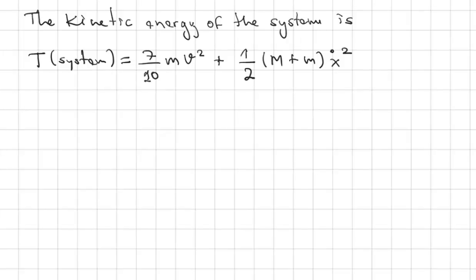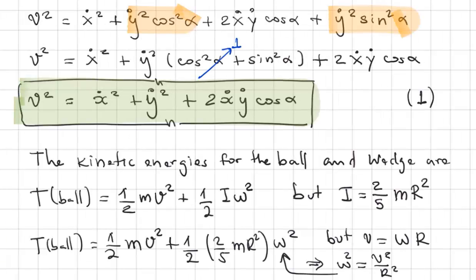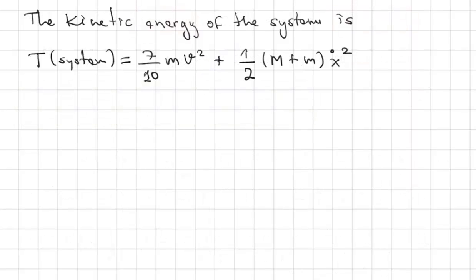We remember that according to equation 1, the velocity of the ball is given by this expression. We replace this velocity squared into the last formula we wrote, and we get the following equation. Kinetic energy of the system is equal to 7/10 times mass of the ball.